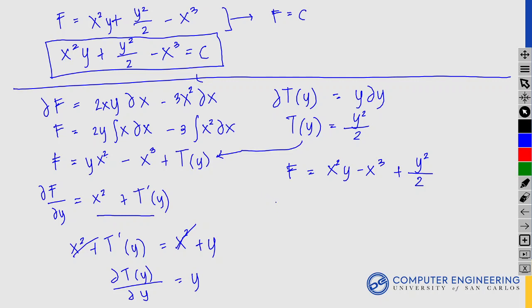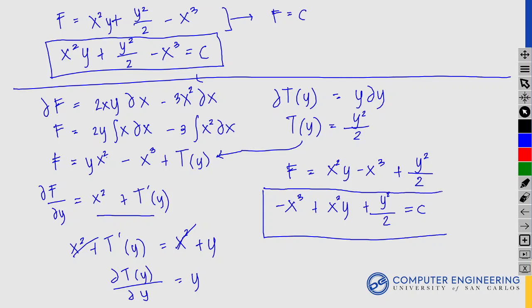So according to that, this should be minus x cubed plus x squared y plus y squared over 2 equal to c. This is one of the conventions that is generally followed.